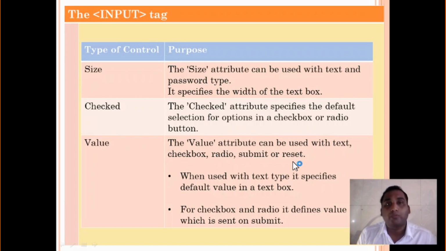That means almost with all the form controls. When used with type text, it specifies the default value in a text box. If it is used for checkbox and radio, it defines the value which is to be sent or submitted, because radio and checkbox are to be selected. Hence the value which is to be submitted we have to specify using the value attribute for checkbox and radio button.